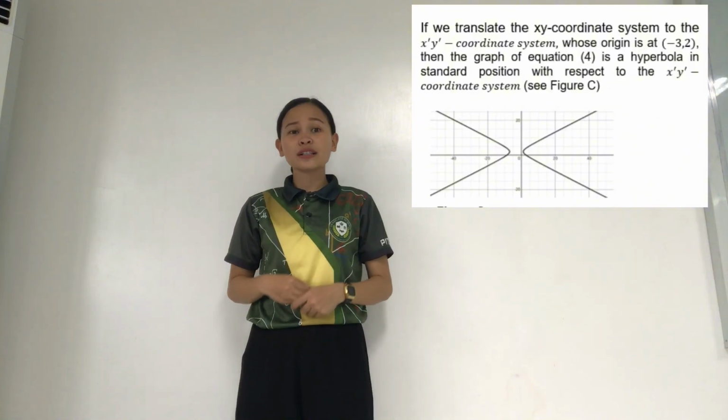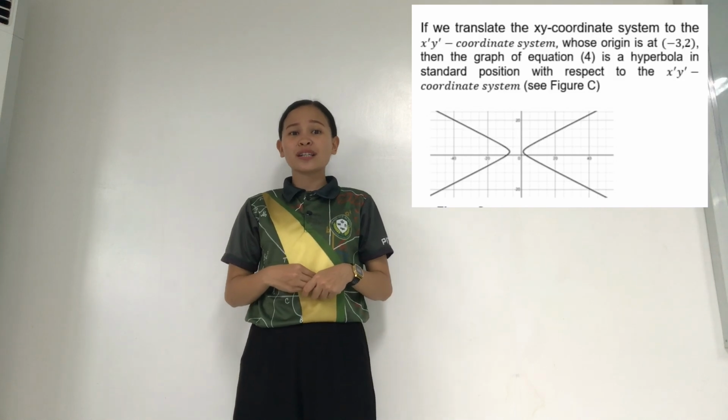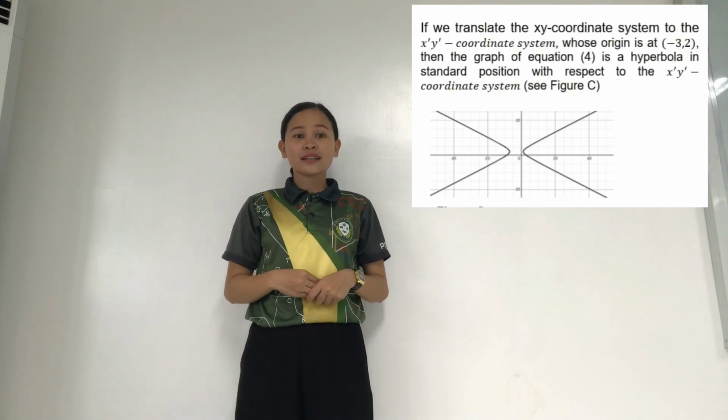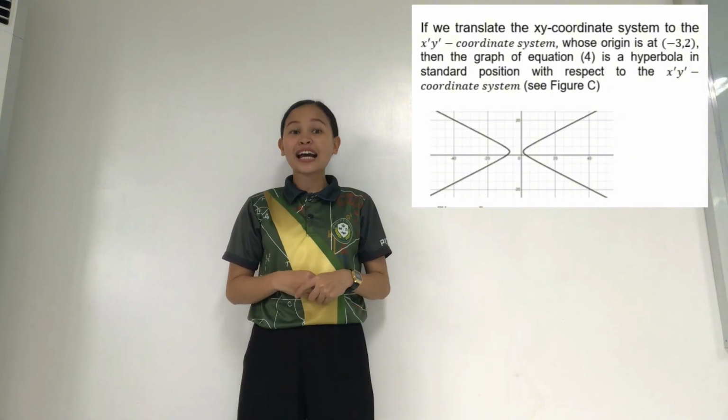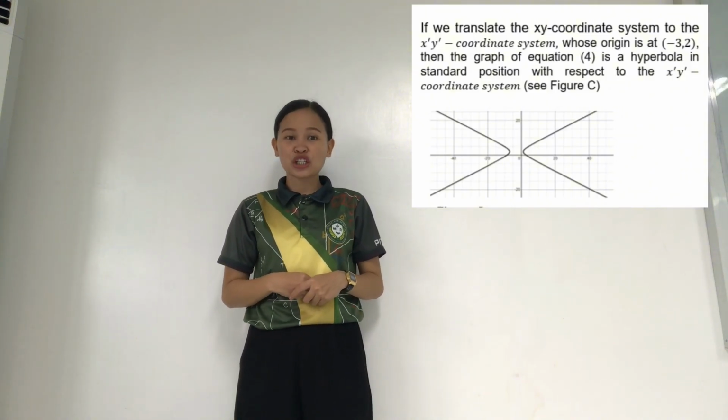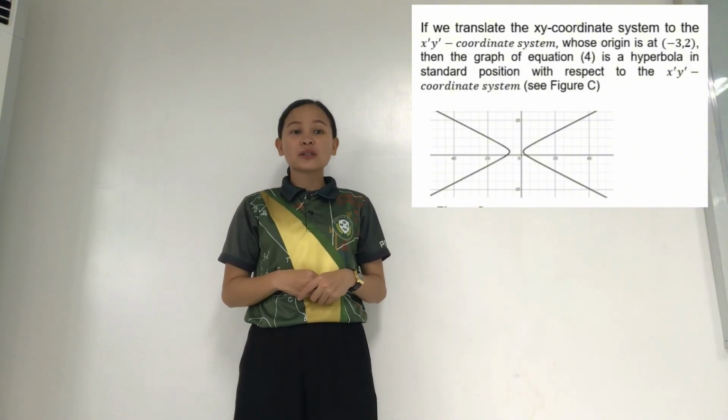Now, if we translate the xy coordinate system to the x prime, y prime coordinate system, whose origin is at negative 3, 2, then the graph of the equation is a hyperbola in standard position with respect to the x prime, y prime coordinate system.